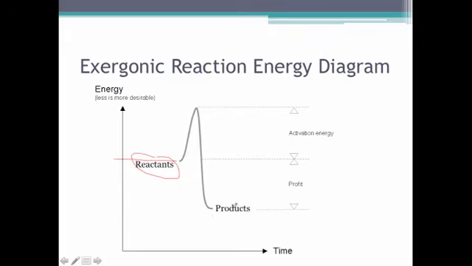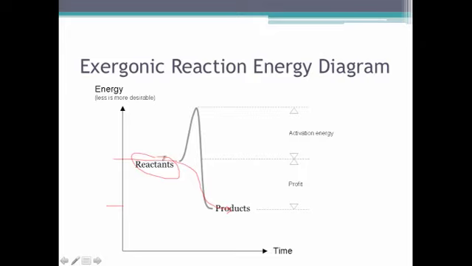What I want you to do is have a look at where the products are sitting in terms of their energy level. They're actually sitting lower. So reactants are reacting and they're forming products like this, and the products are at a lower energy level. Now there's a law called the law of conservation of energy, which is in a way kind of similar to the law of conservation of mass, and it says that energy is neither created nor destroyed.